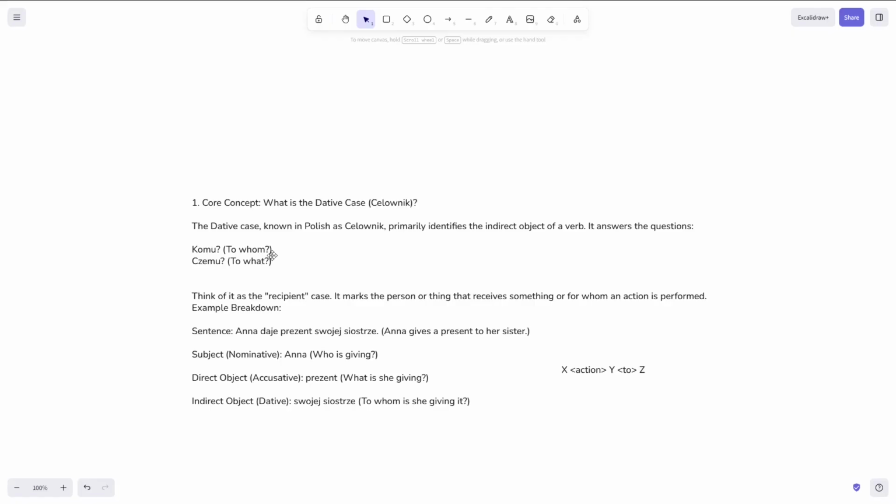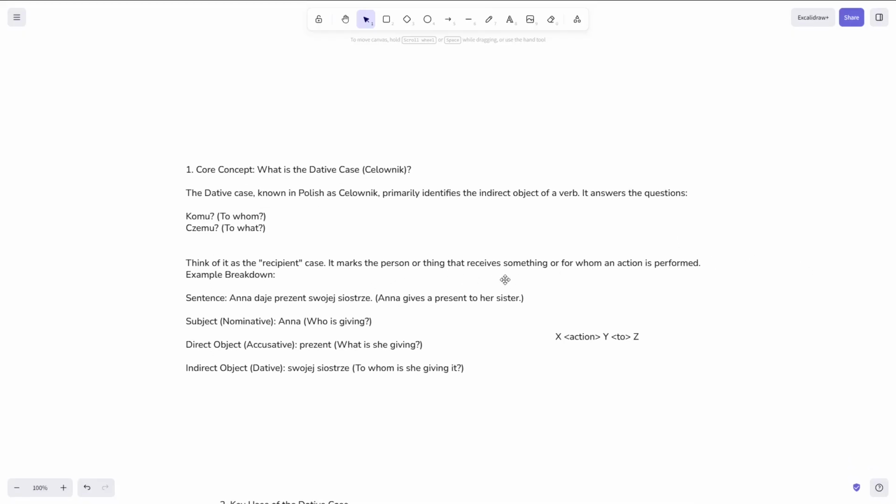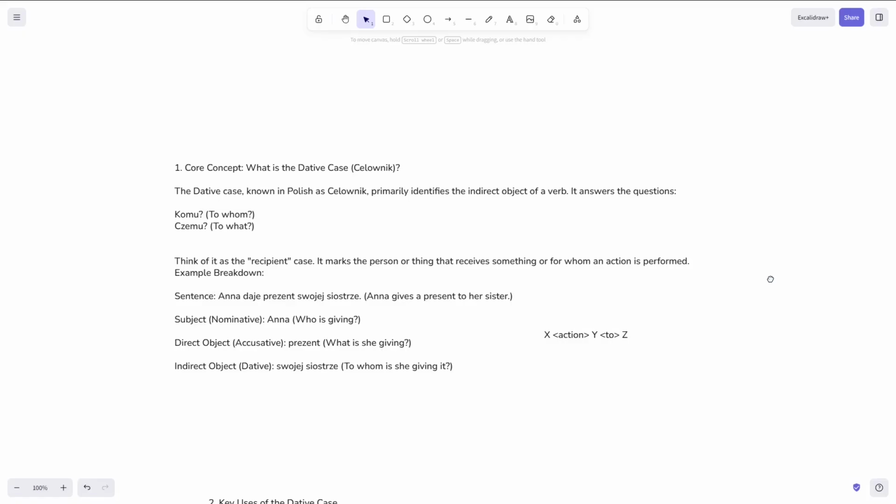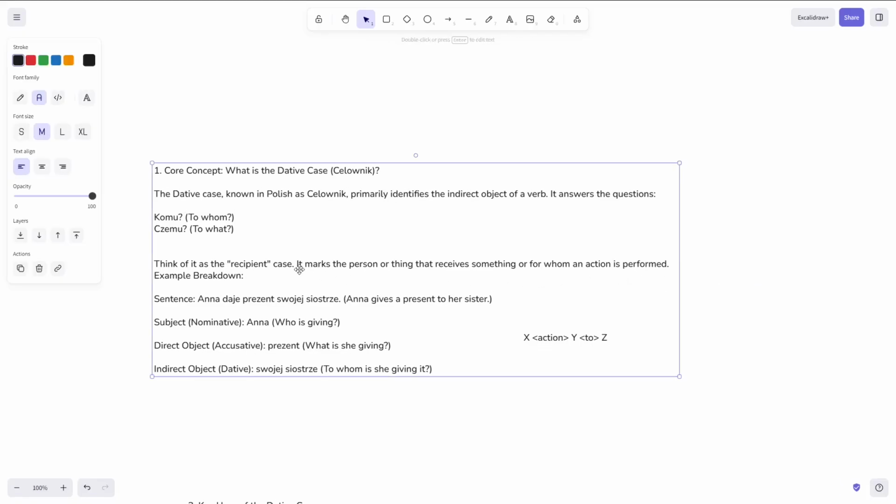Okay? So this is the target or goal case because we're answering to whom we are giving something, to what are we doing something, okay? So it is like the recipient case, okay? It marks the person or thing that receives something or for whom an action is performed.